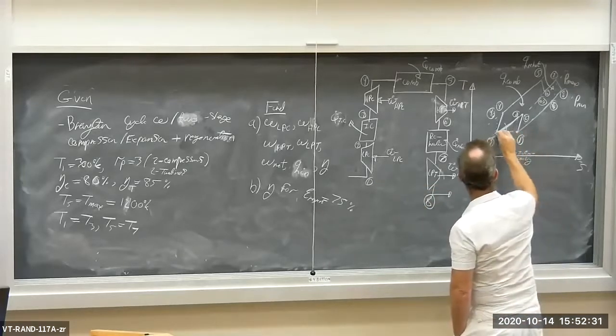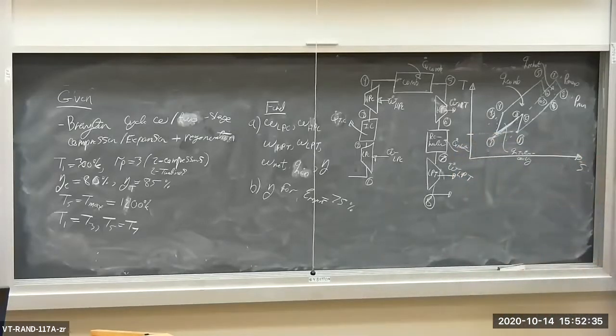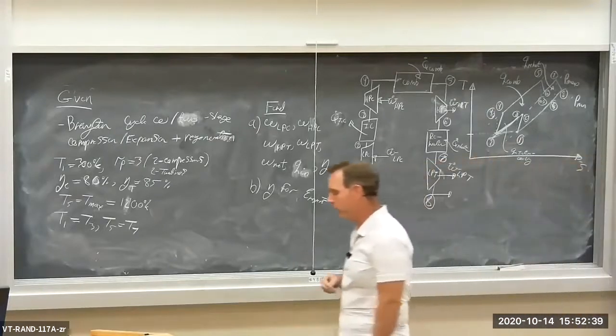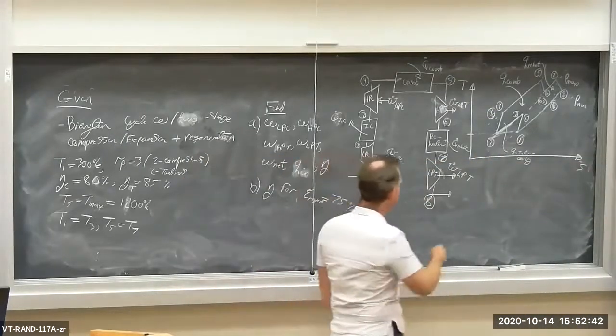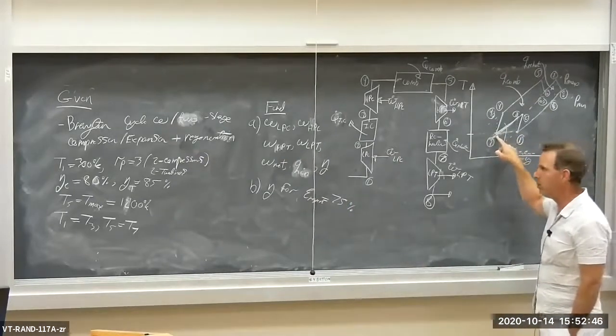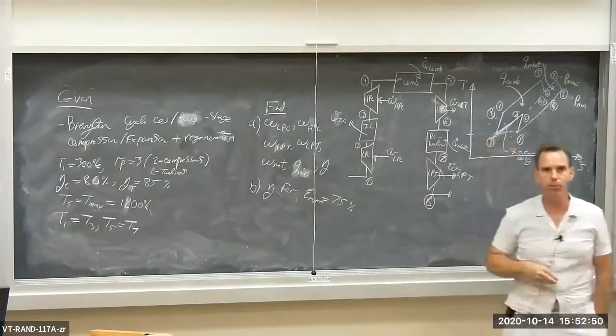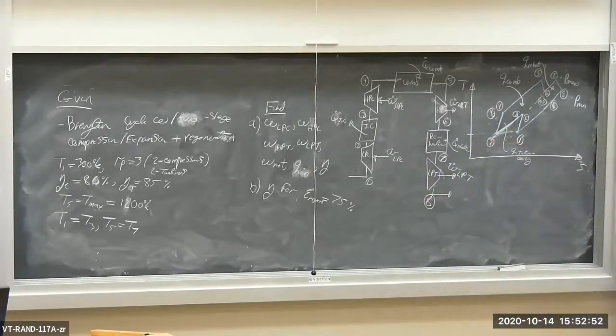So these temperatures, T3 and T1, are the same. We reject just enough heat in the intercooler to bring the high pressure compressor inlet temperature down to the inlet temperature for the low pressure compressor, okay? A lot of cooling is going on in the intercooler.